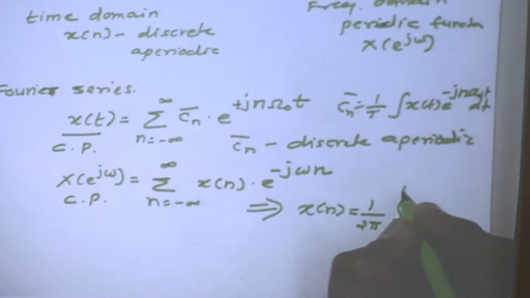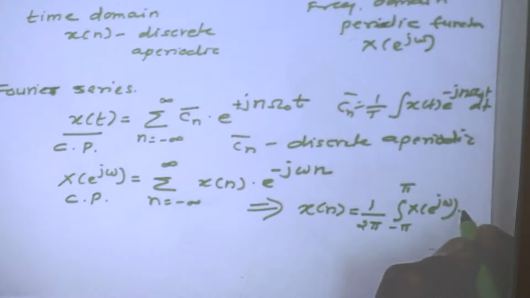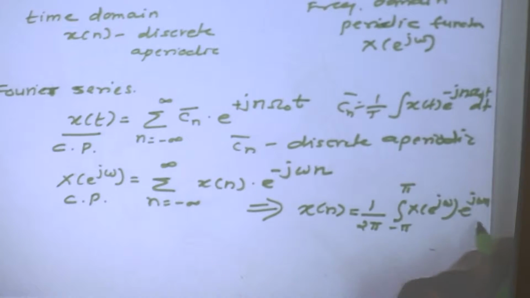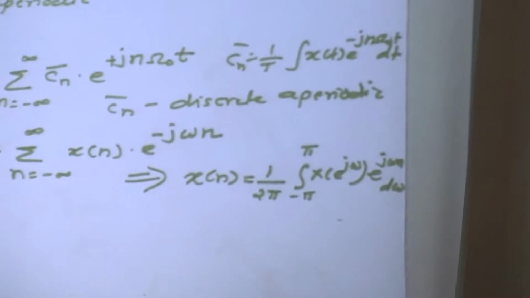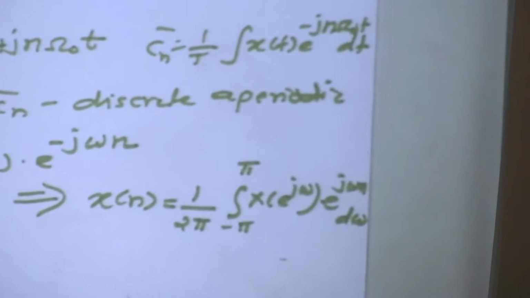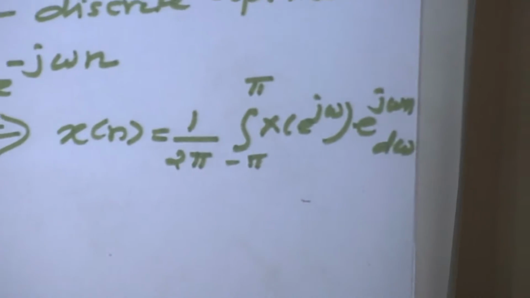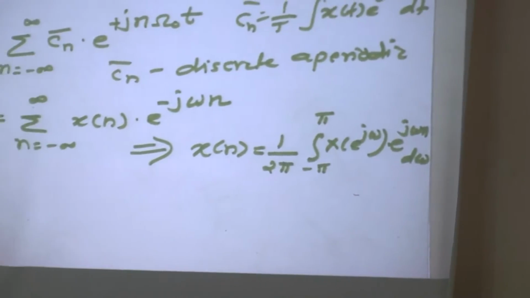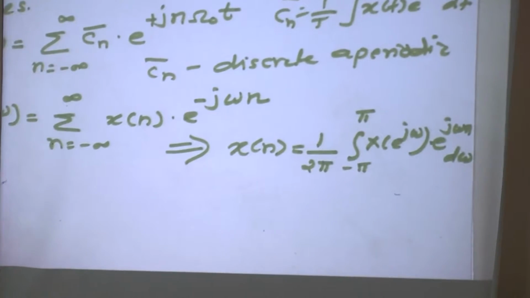Minus pi to plus pi, X(e^{j omega}) into e to the power j omega n d omega. So x[n] is equal to 1 upon 2 pi integral of X(e^{j omega}) e to the power j omega n d omega.